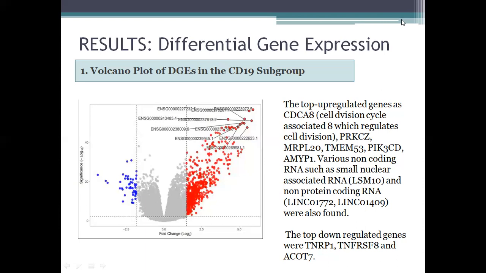Also, some small nuclear associated RNAs such as LSM10 and non-coding RNAs were found that are involved in tumorigenesis, with the regulation of gene expression and their role in differentiation of cells by regulation of their receptors.